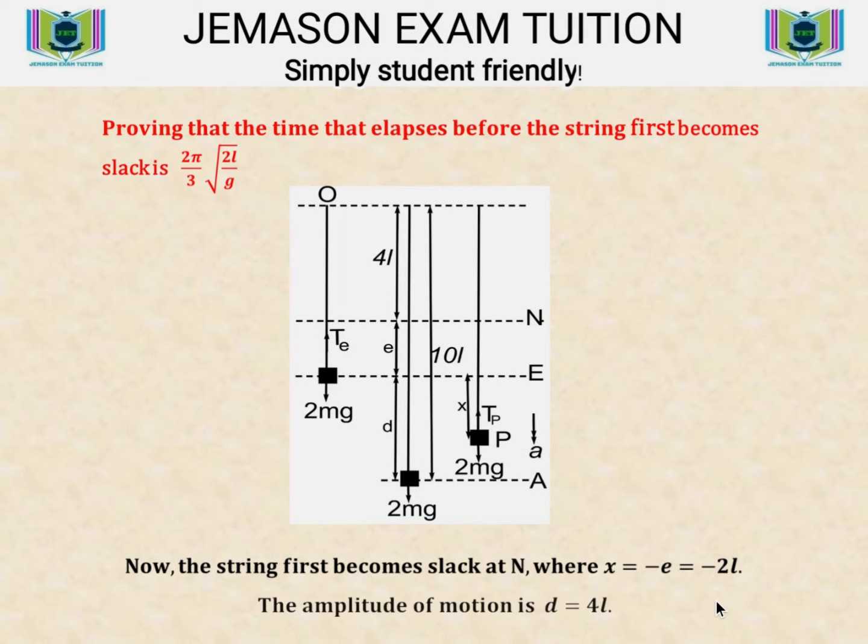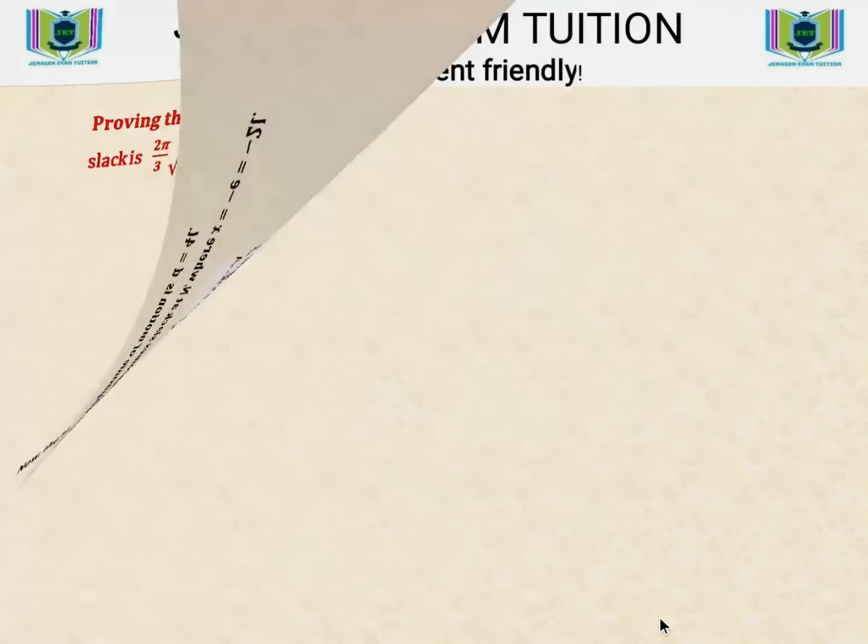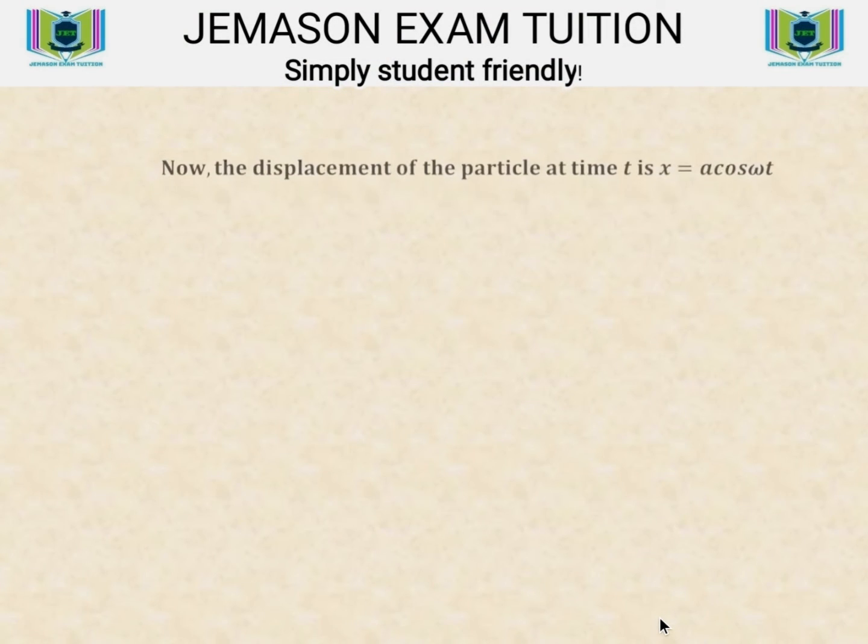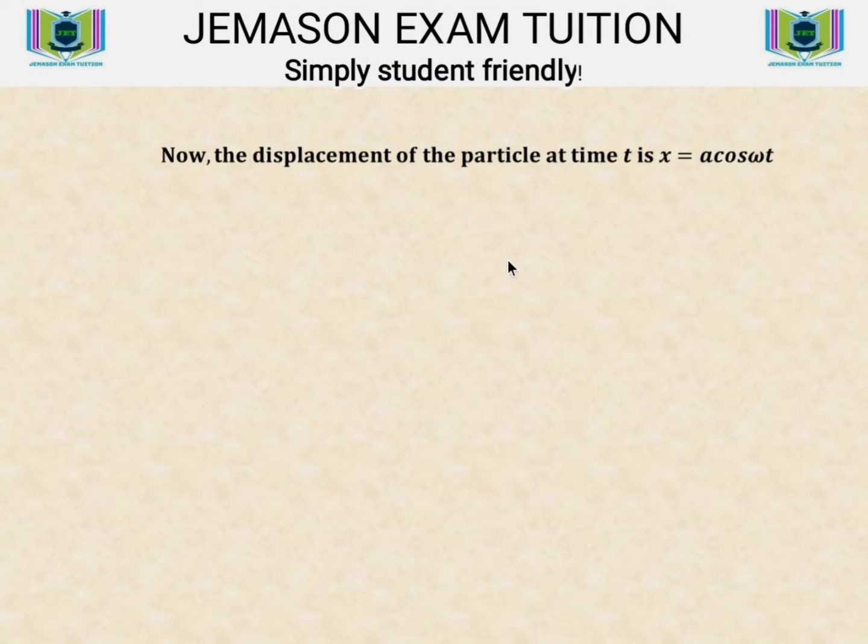We also recall that the amplitude of motion is a, the maximum displacement from the equilibrium position, and it was determined in the previous part as 4l. From here, we now proceed to write down the equation of the displacement of the particle at time t, which is given by x equals a cos omega t.